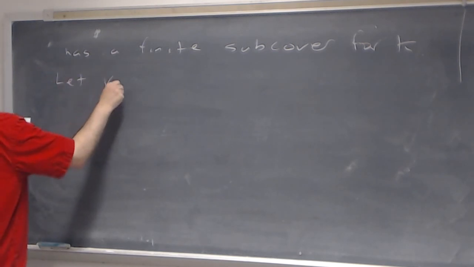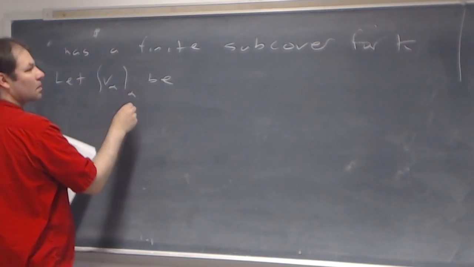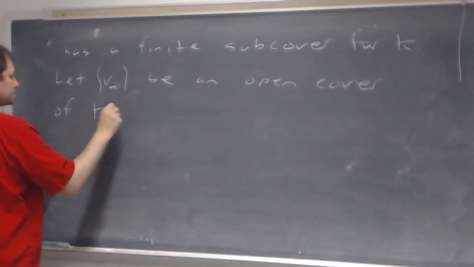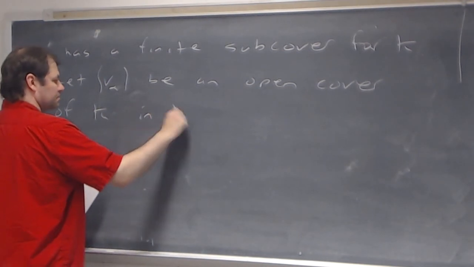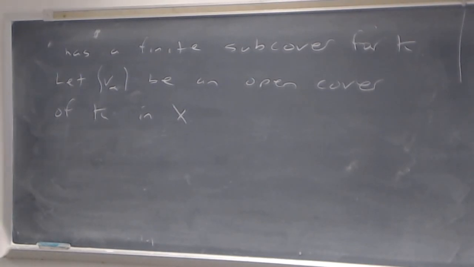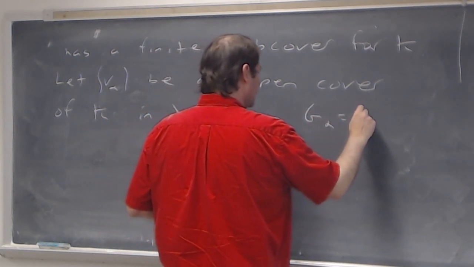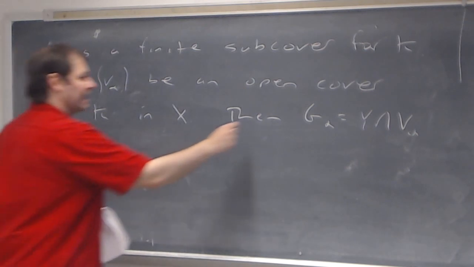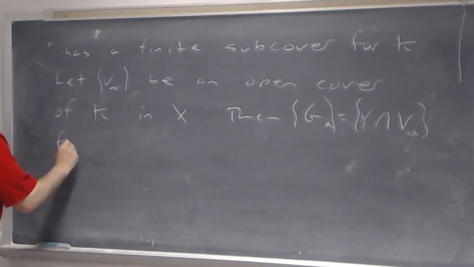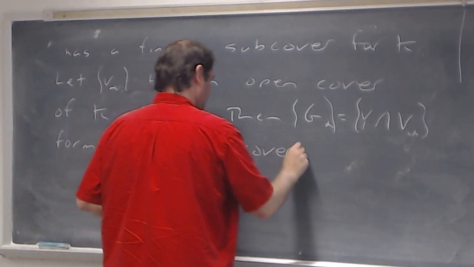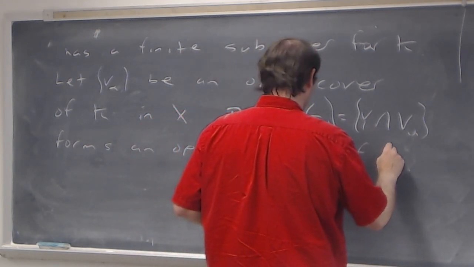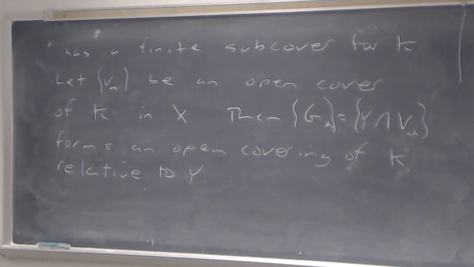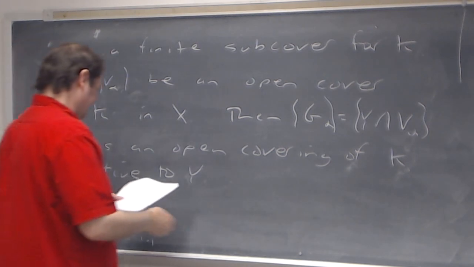Okay, so what we'll do is we'll let V sub alpha be an open cover of K in X. Then, if you define the G sub alpha to be equal to Y intersect V sub alpha, this collection of sets forms an open covering of K relative to Y. Okay, so since K is compact relative to Y, that means that only finitely many of them are needed.